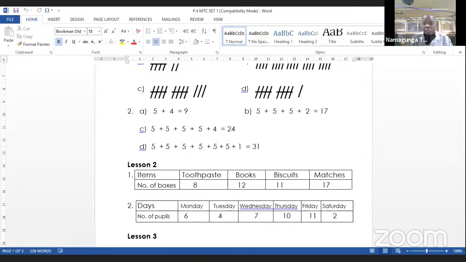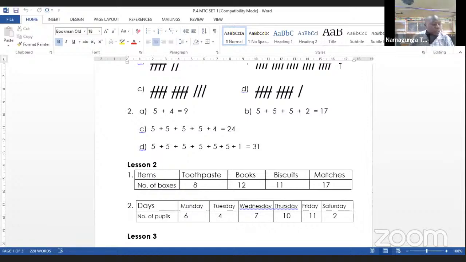Now, when we are drawing that table, we must consider 2 things: the items bought and their number. So the table you draw must resemble the number 1 in lesson 2, the example which I gave.